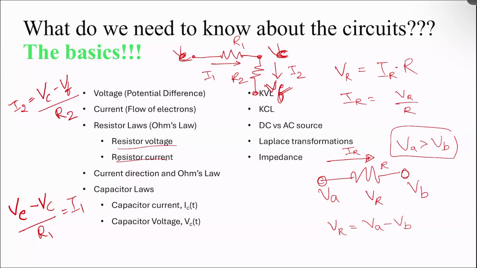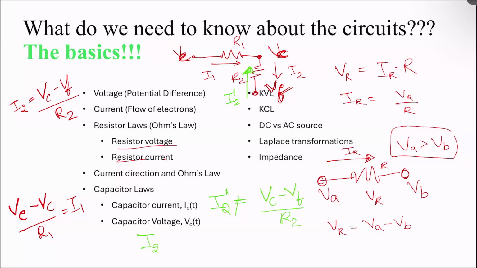You cannot consider your current to be flowing in this direction. Let's call it I2 dash. It is not equal to VC minus VF by R2.